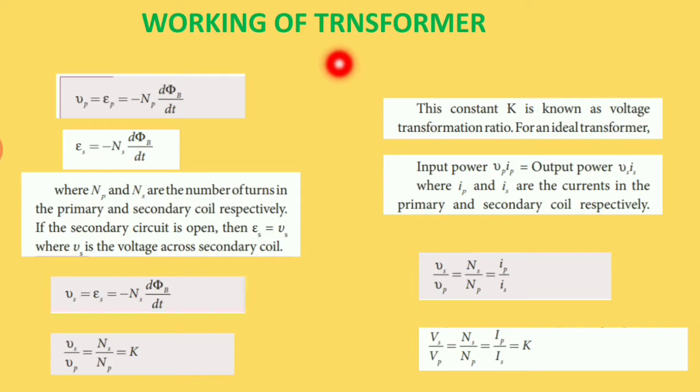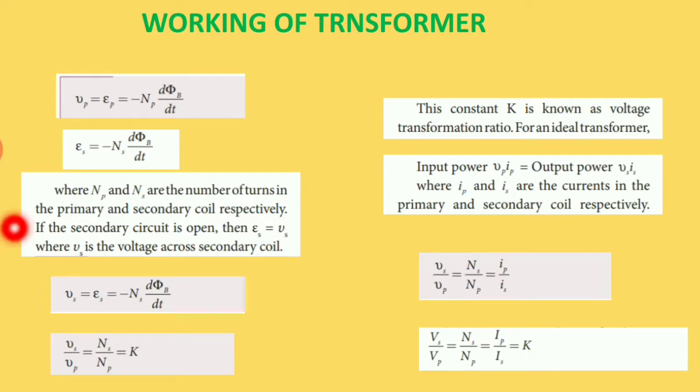Here Np and Ns are the number of turns in the primary and secondary coil respectively. If the secondary circuit is open, then epsilon S is equal to Vs, where Vs is the voltage across the secondary coil. Vs is equal to epsilon S, equal to minus Ns d phi P by dt.